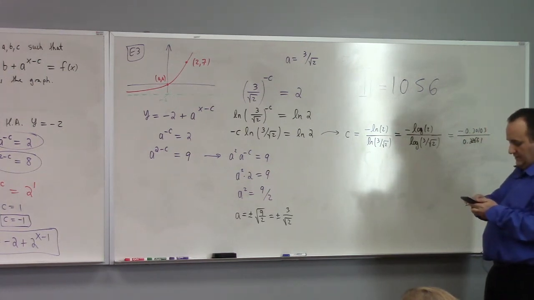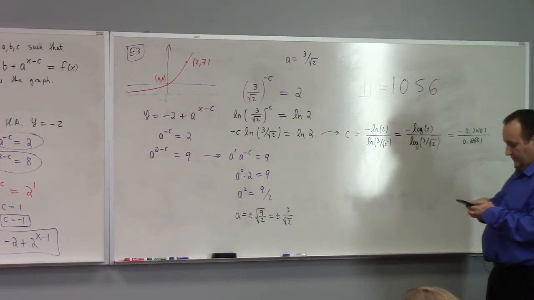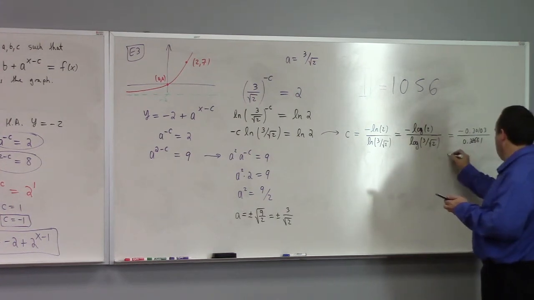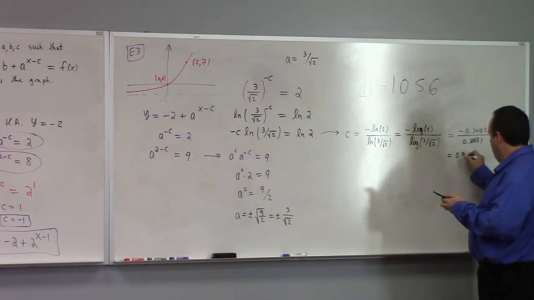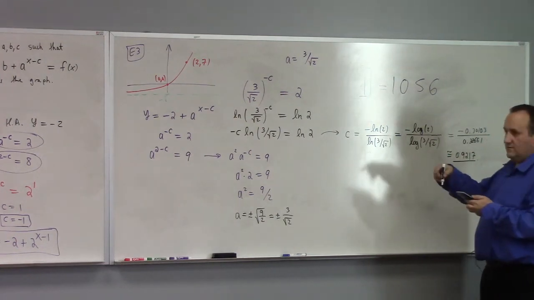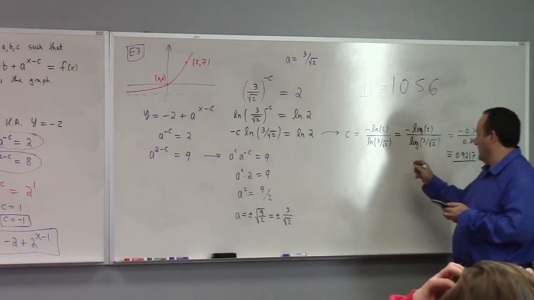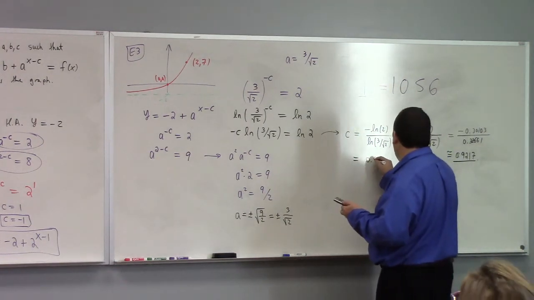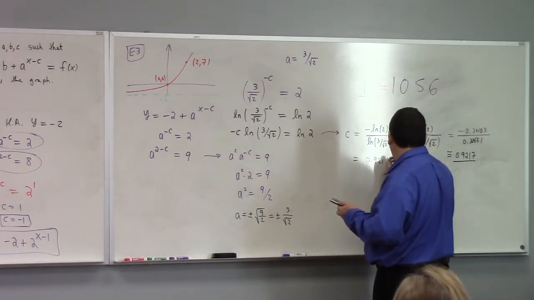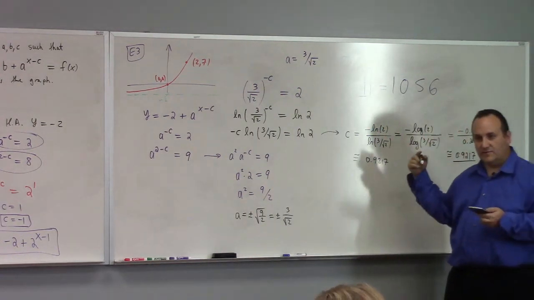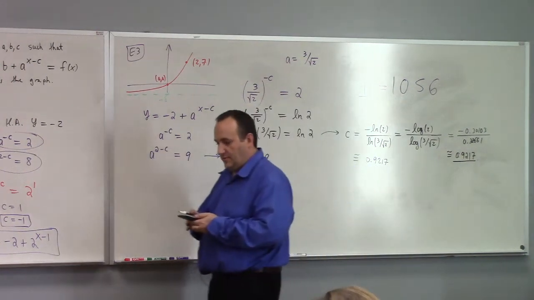So if I reciprocate that and multiply it by 0.30103, I get about 0.9217. What did you get with yours? 0.9216. Okay, so 0.9217. So it doesn't matter whether you use the natural log or the common log. They both work out the same.